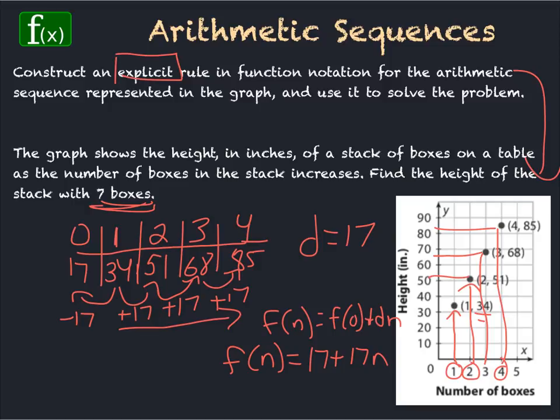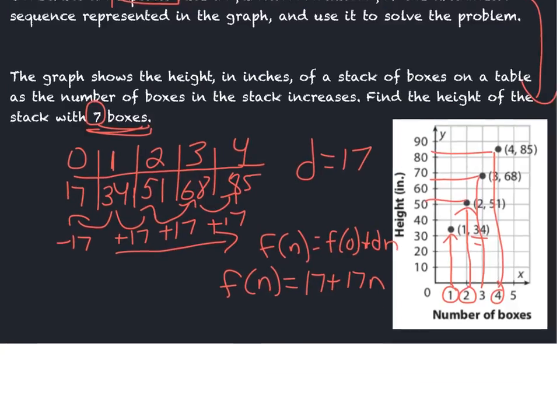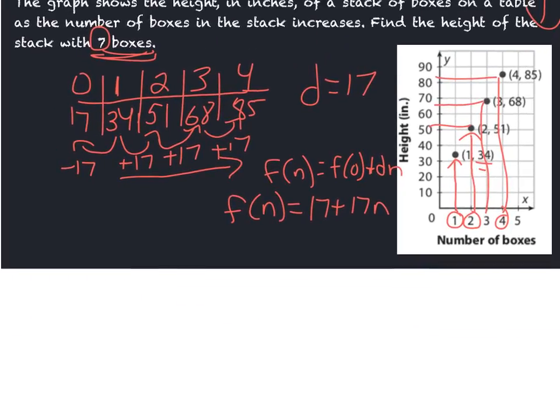Now, we need to use this to figure out how tall the stack is when we have 7 boxes. Luckily, because it is explicit, we can just plug this in. If this was recursive, we would have to find every single previous term. But it's explicit, so we can just plug in this information. If we're looking for f of 7, we just plug in 7.